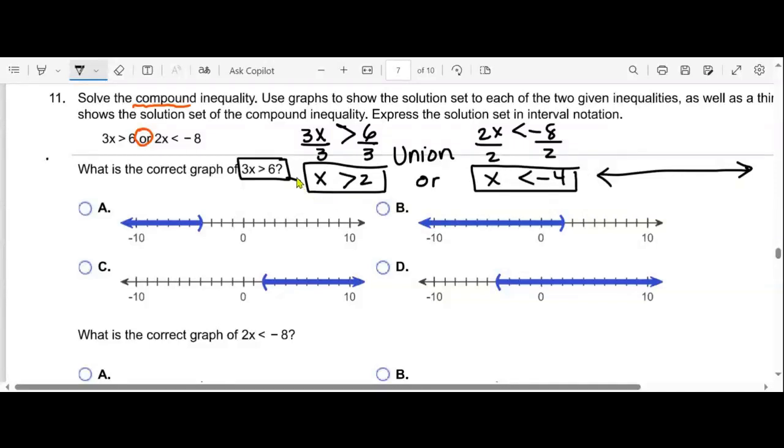Which one is the correct one? It's C. Are you sure? Yes, greater than. Correct.